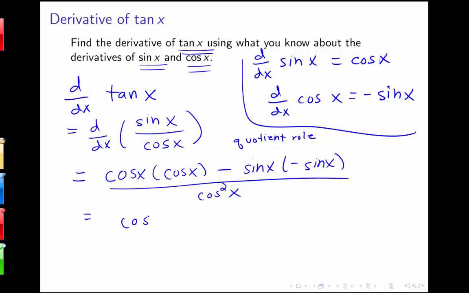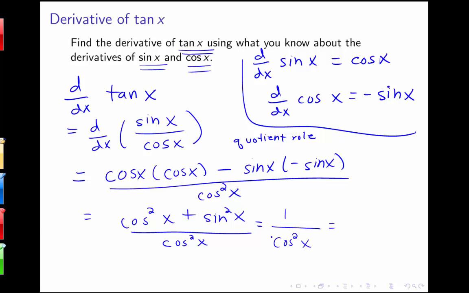So we see that this is going to give us cosine squared x minus negative sine squared x. So that's going to be plus sine squared x. And so we're going to be able to make use of one of our trig identities. We've now found the derivative of tangent x, but to simplify this and get it into the form that our derivative rule will show, we'll use the trig identity and write this as 1, since sine squared x plus cosine squared x is equal to 1, so it is 1 over cosine squared x.